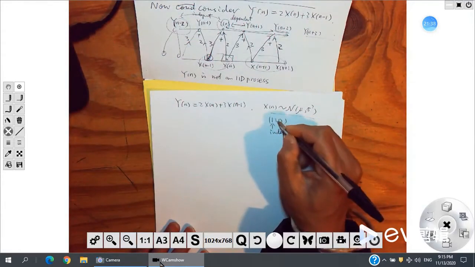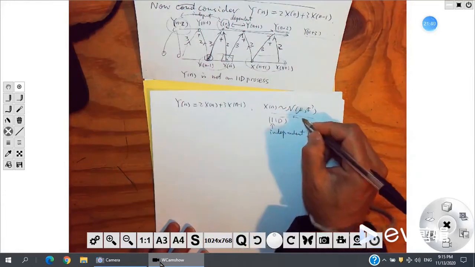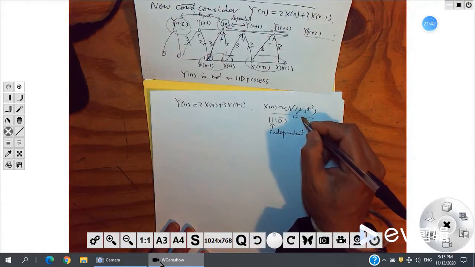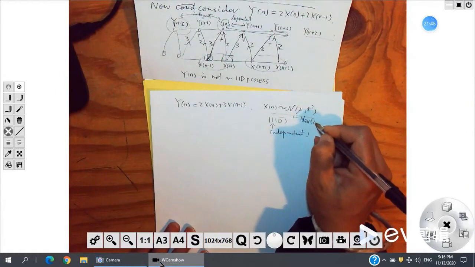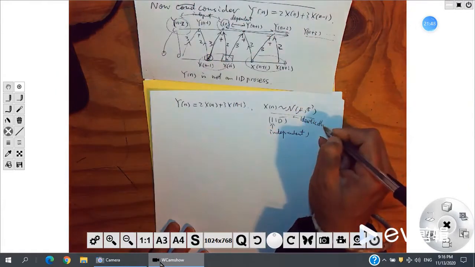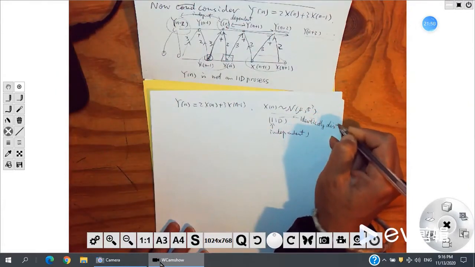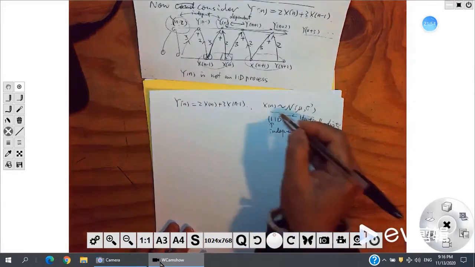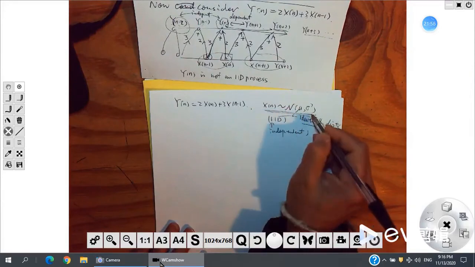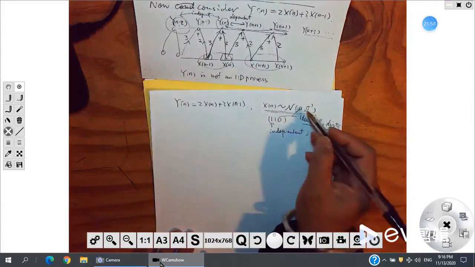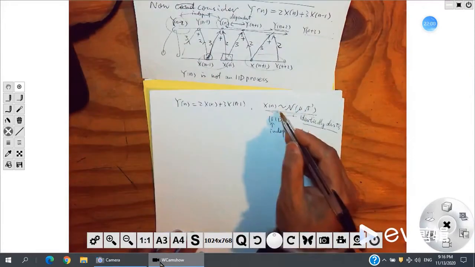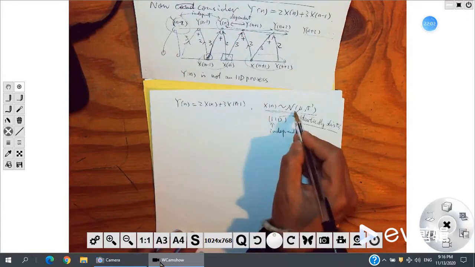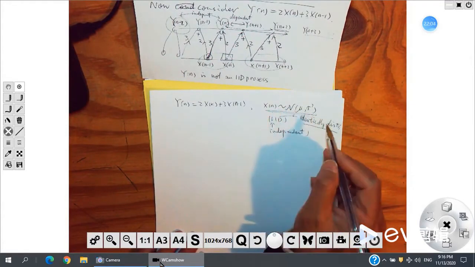And the second I means identically distributed. Identically distributed, so they have the same distribution. So the world looks like this. This is x. X is this one. They are Gaussian and IID.